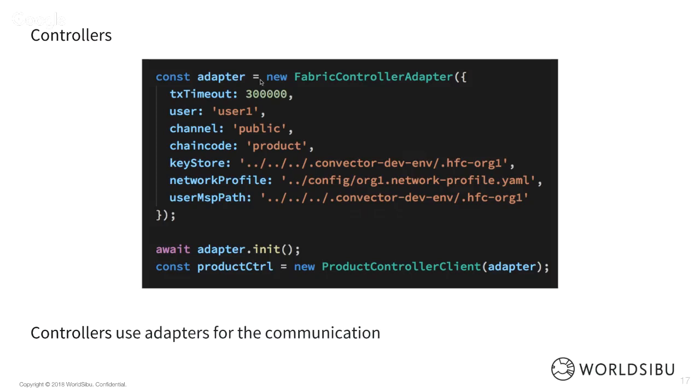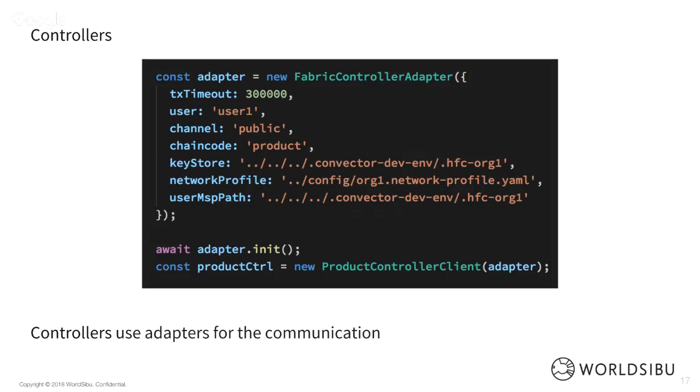For example, in this case, we have a Fabric controller adapter. The Fabric controller adapter is used when you want to interact with Fabric networks. This controller adapter is using the Fabric SDK to communicate and send transactions to the Fabric network.